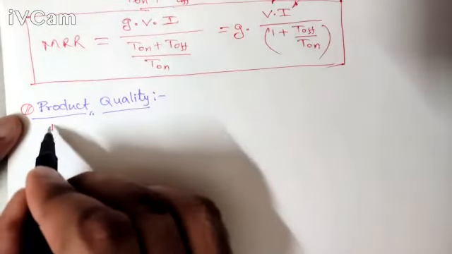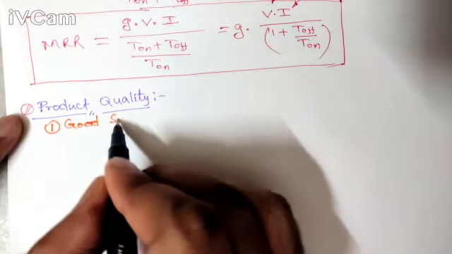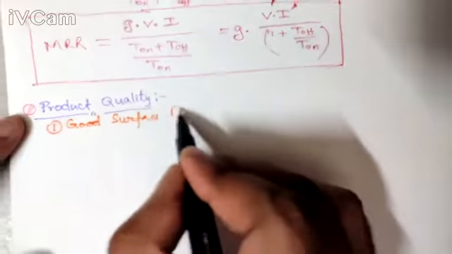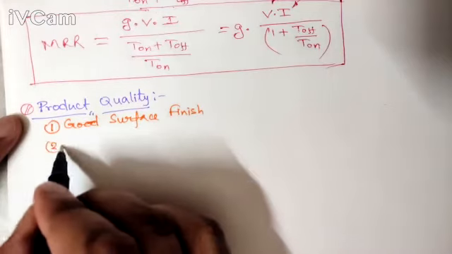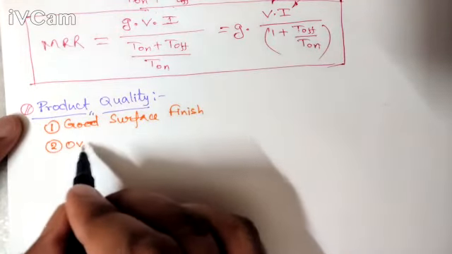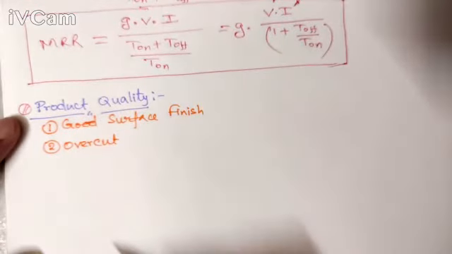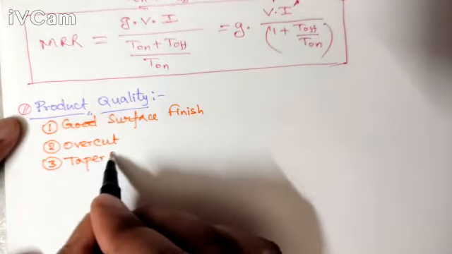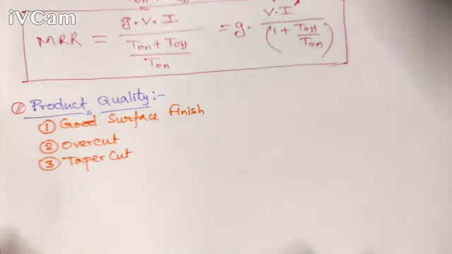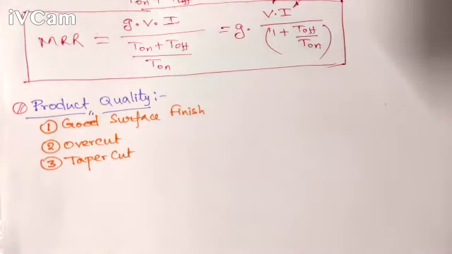Number one, it must have good surface finish. Number two, there is a problem called overcut, which has to be reduced, and there is another problem which is called taper cut, which has to be reduced. Already in the last class I have discussed it. Okay, these things somehow we have to overcome.